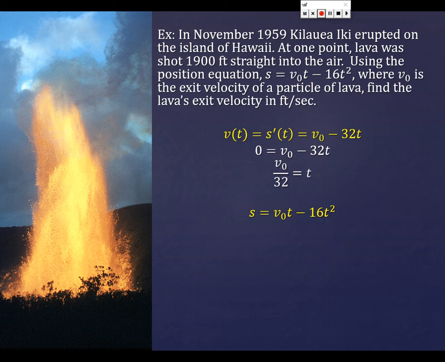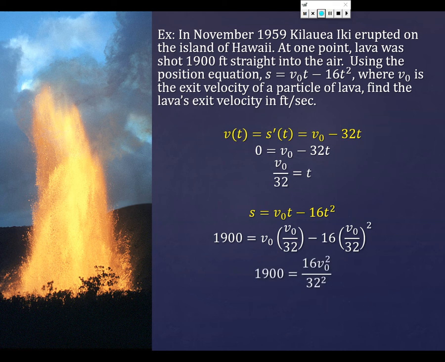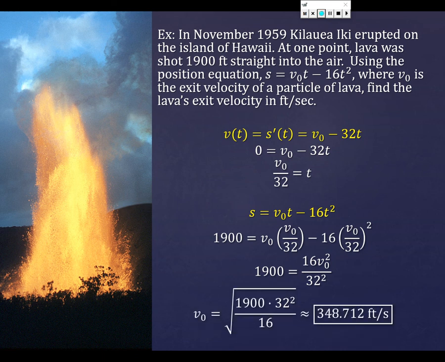Yeah, this is t in both places. And what will the position s be? 1900. And that's an equation that has only one unknown variable, v0. Solving that gives the result.